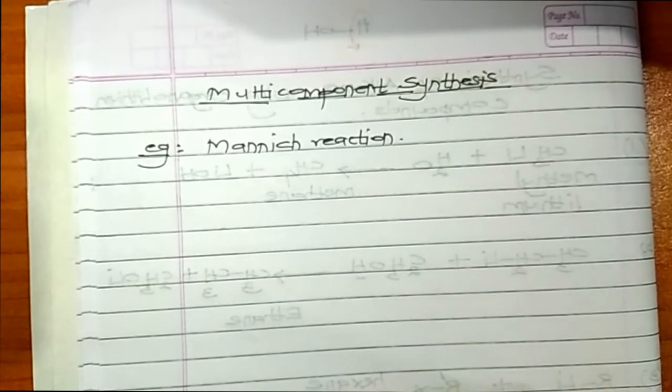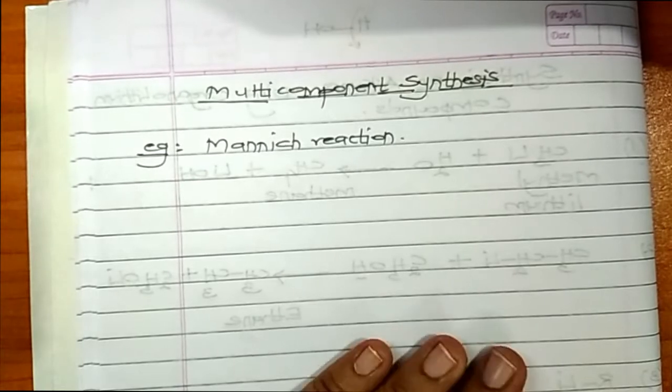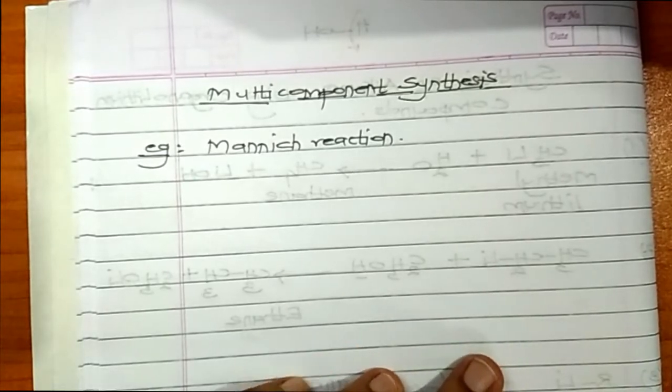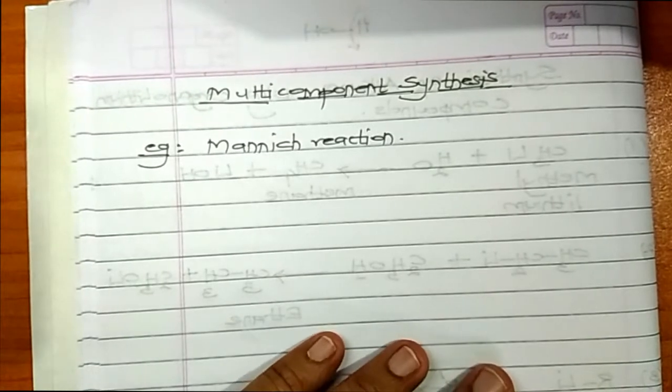It is the condensation of a compound containing one or more active hydrogens, that is, a reactive methylene compound in short, with formaldehyde and ammonia, or you can have a primary or a secondary amine, forming a beta amino compound. That is called the Mannich reaction. That means for the Mannich reaction, what do I require?